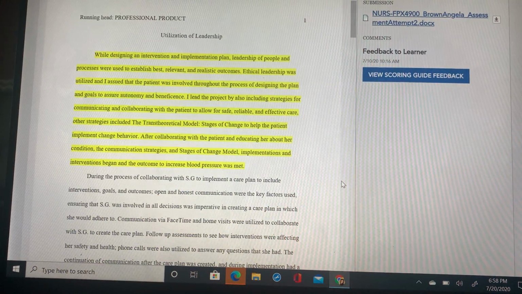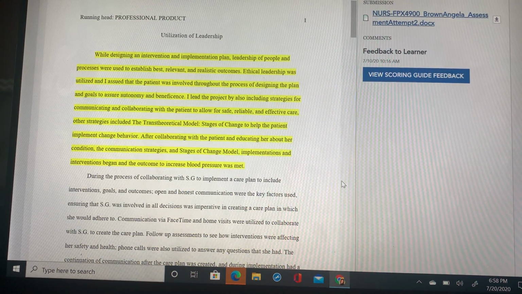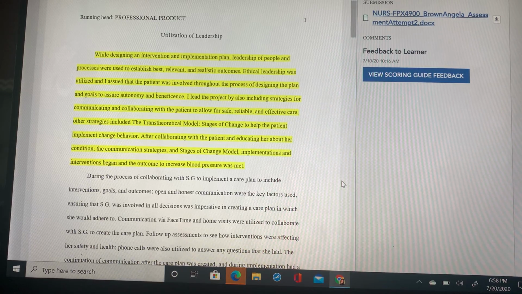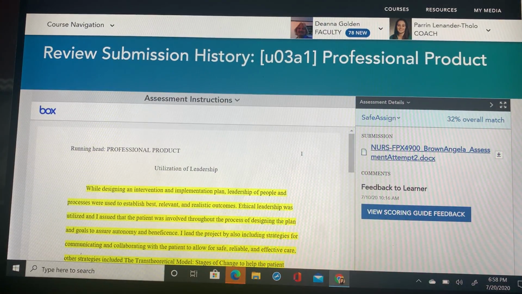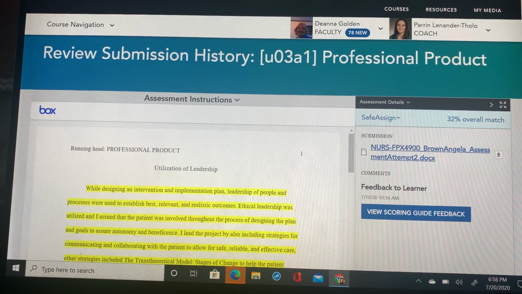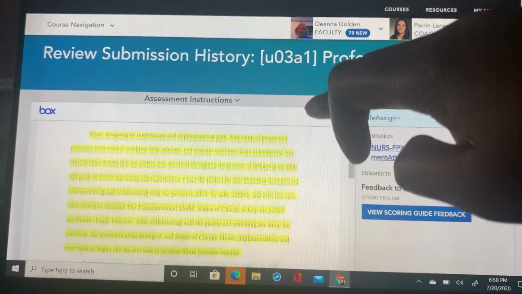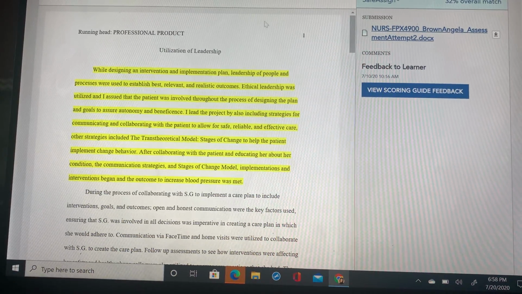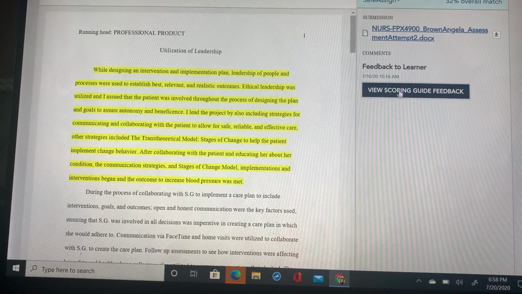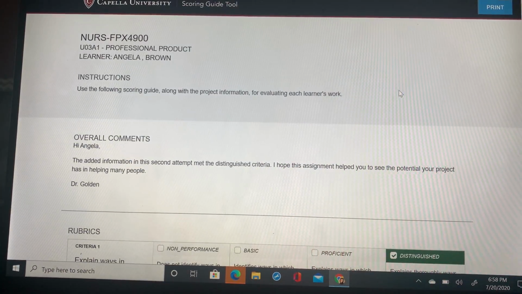So this is the one I redid. Oh, maybe I can't see my first attempt then. Okay, so I went back in there, and this was the first one. Let me leave the scoring tool up. Well, this is the new scoring tool. I want to get the old scoring tool.